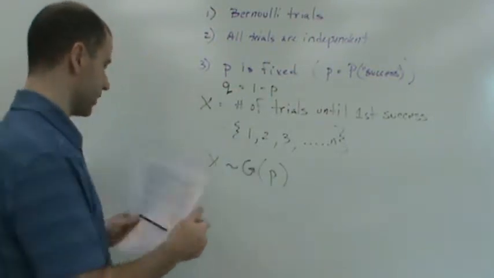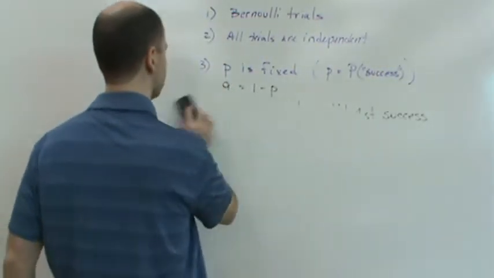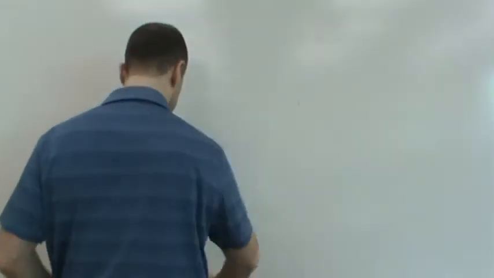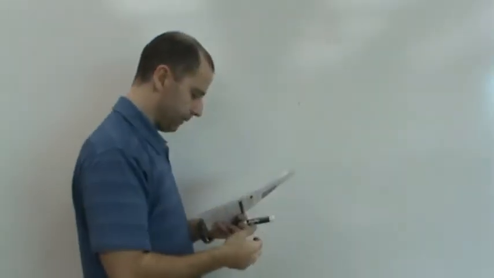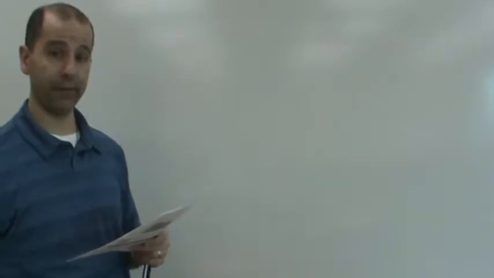Let's do this experiment. Let's say we're playing a game. You play a game of chance that you can either win or lose, and you play until you lose. Your probability of losing is P equals 0.57.